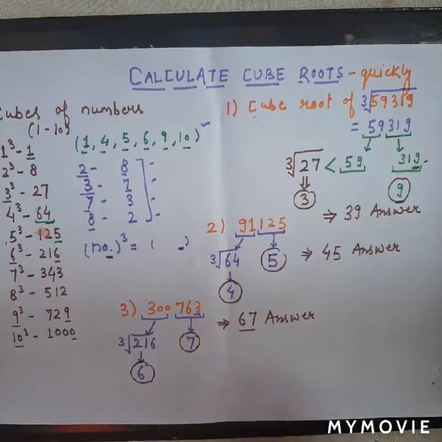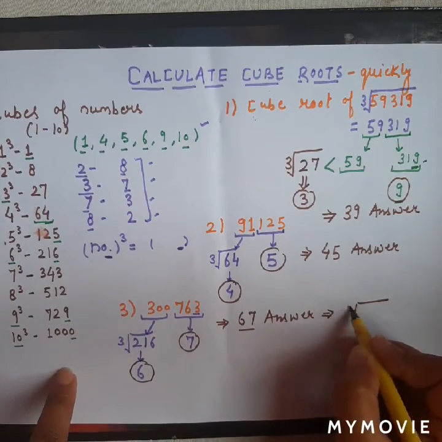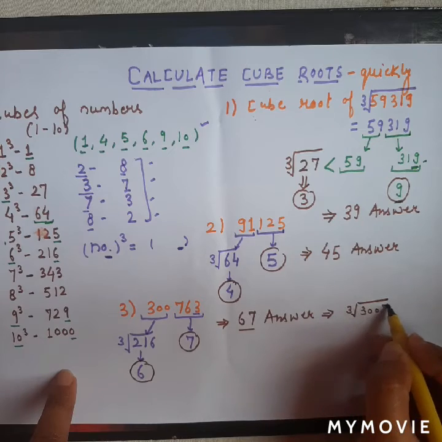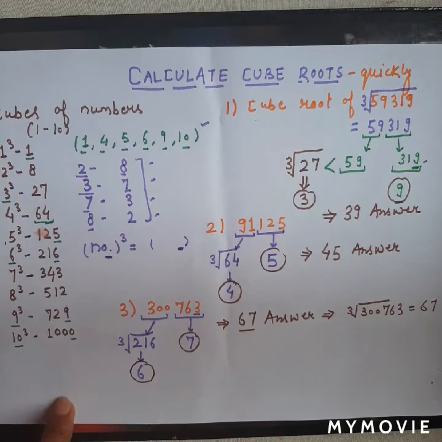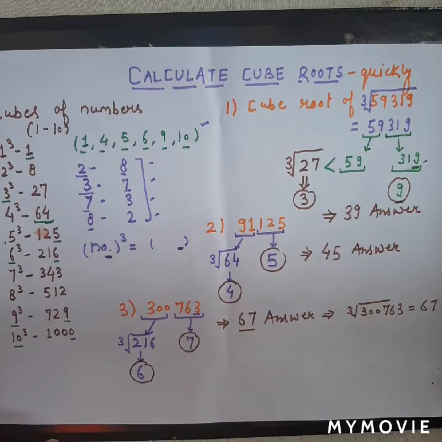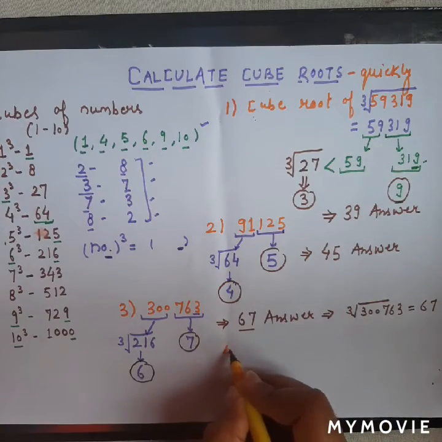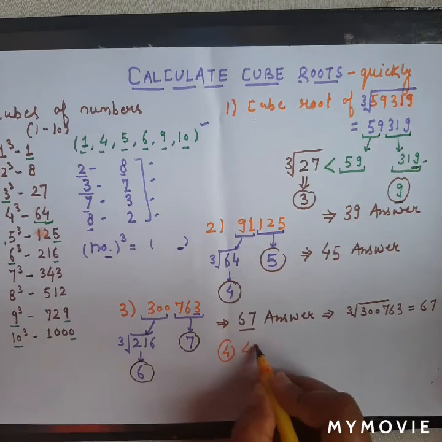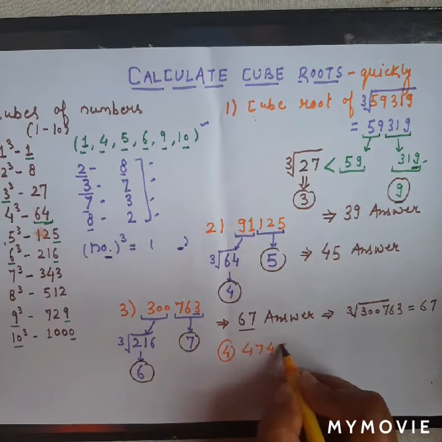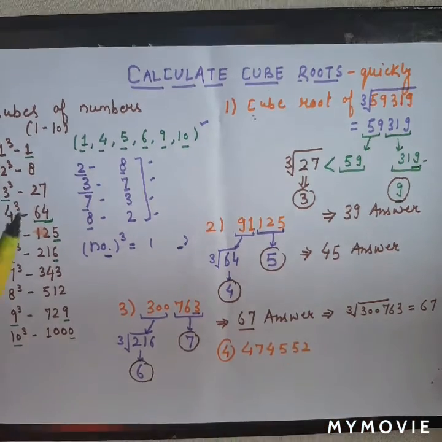Fine. Or we can write this in a mathematical form. The cube root of 763 is equal to 67. Fine. And in the same way, let me take another number, I would like to take 474552.